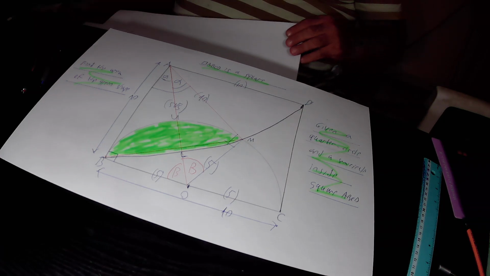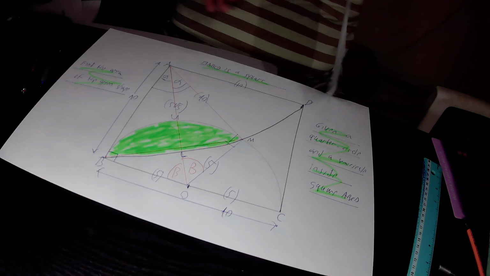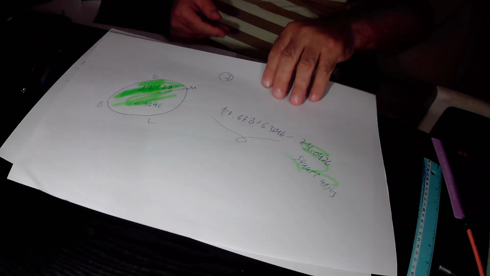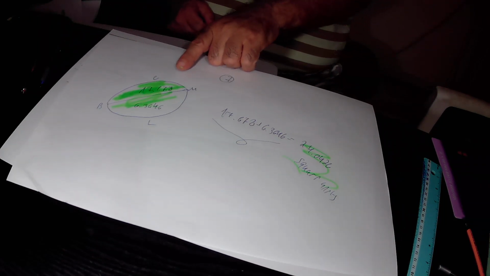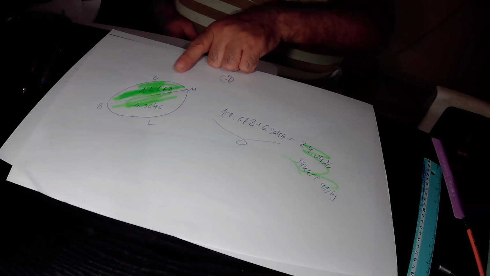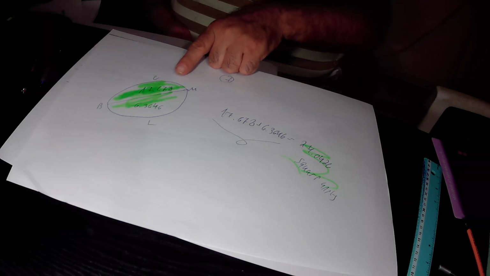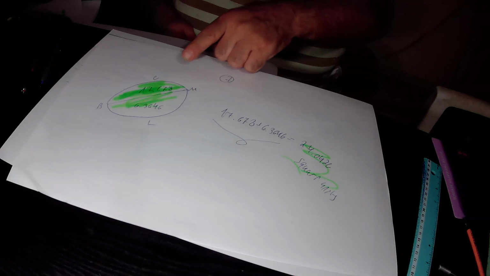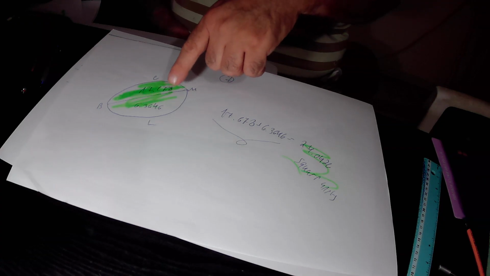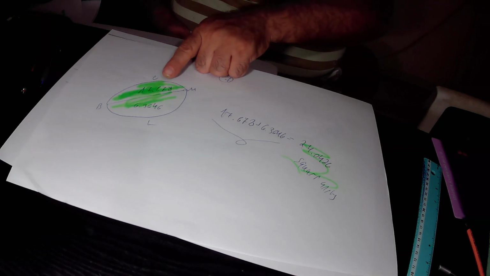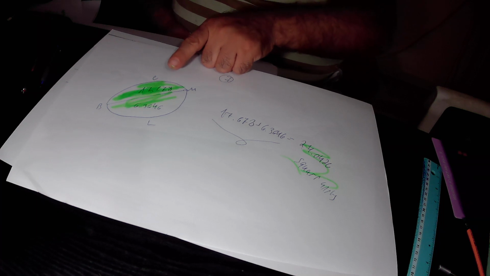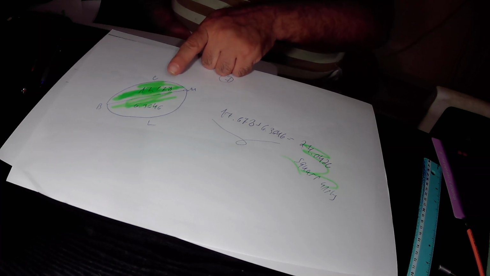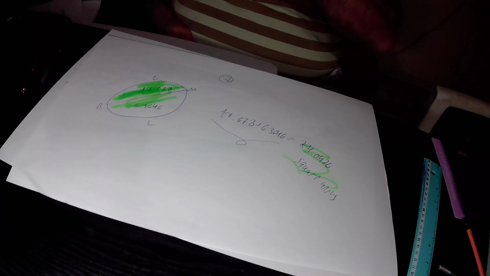And again, the area of the green shape in total equals the area of the upper segment BUM, that is 17.678 square inches in its size, minus the area of the lower segment BLM. We already found out that the area of the lower segment BLM equals 6.346 square inches in its size.